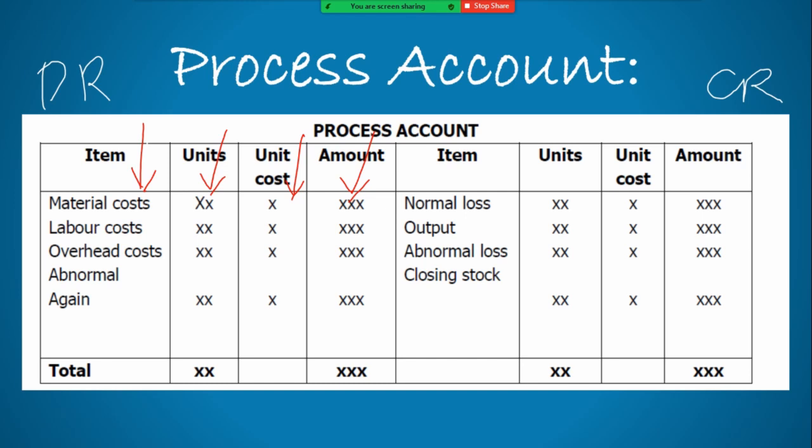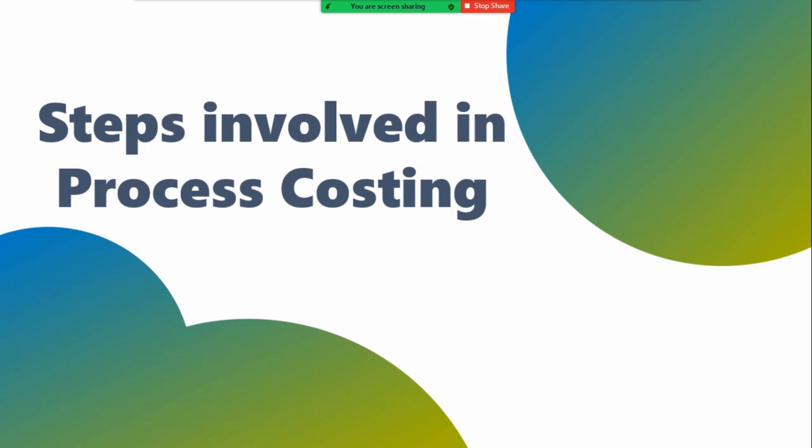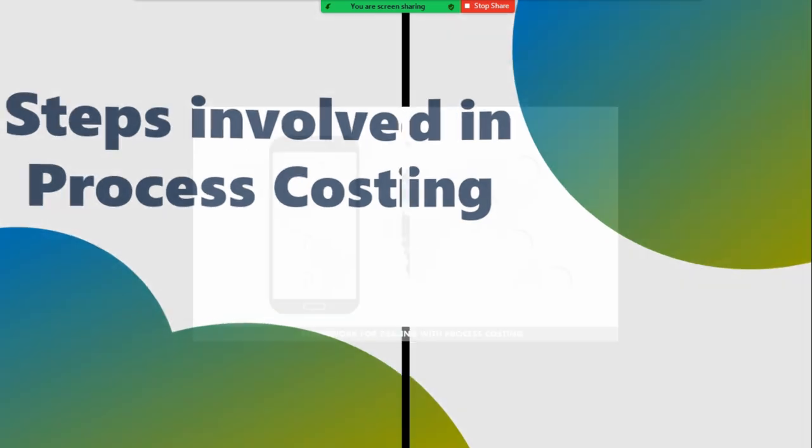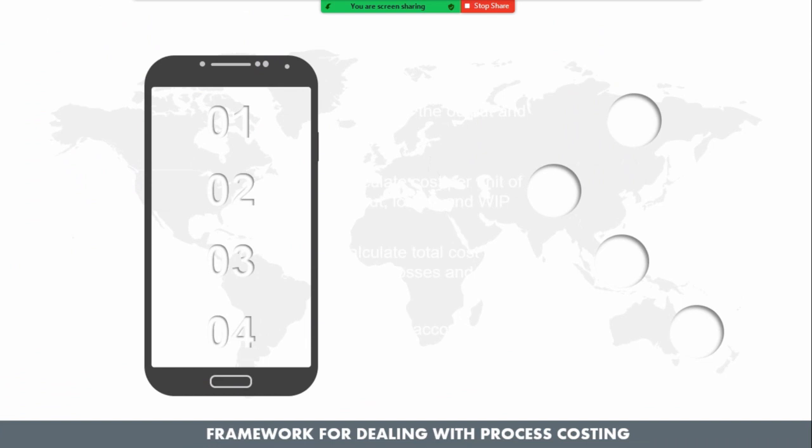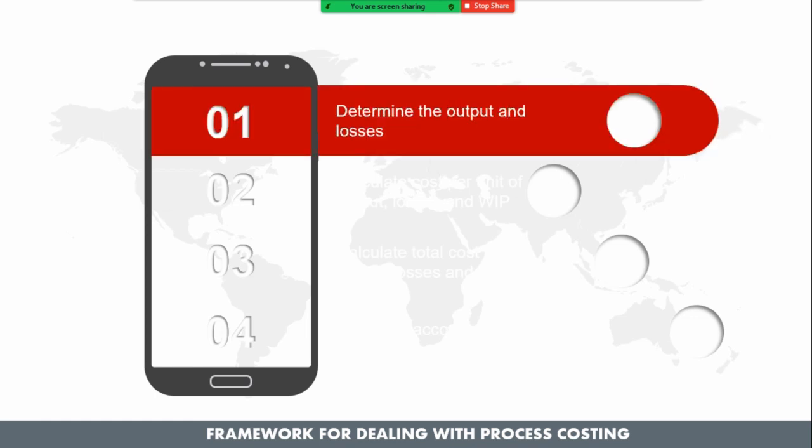Now, what is typical regarding process accounting is the 4-step framework. So when we are handling process costing, there are particular steps that we take. Step number 1, we determine the output and the losses. Now, these are going to be very important steps for you to manage this area, and it has very good marks.